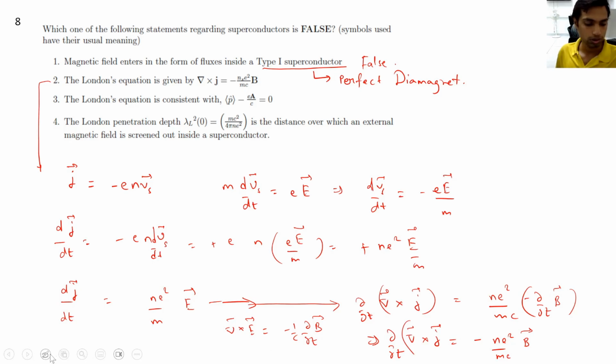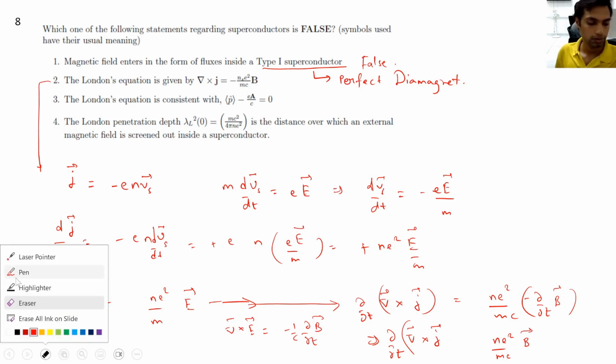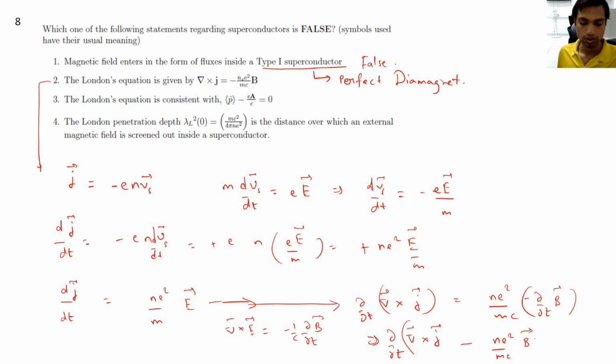So what you get is this. If you just rearrange, this is equal to 0.